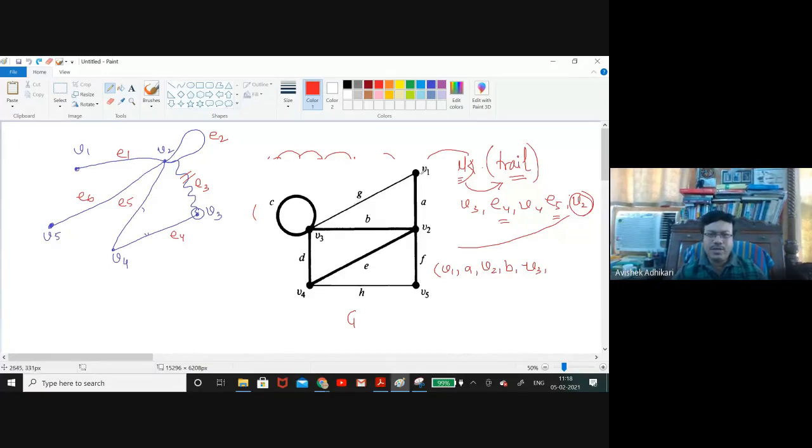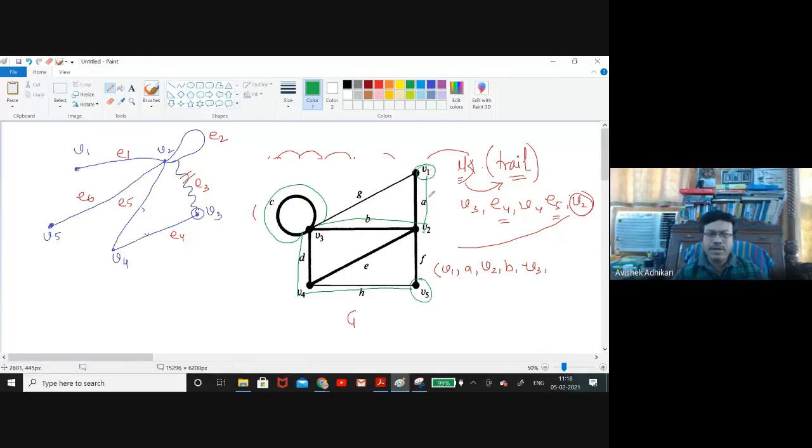So for example, for this image, suppose I have taken a walk from here, say V1, to this, then this, then this, and then this. So I started with this and I ended at this.